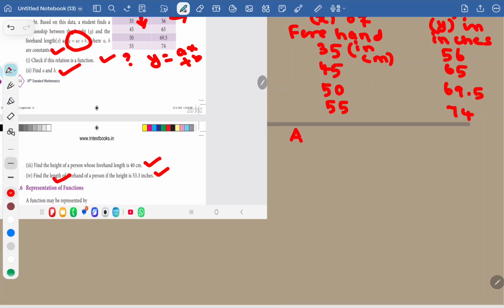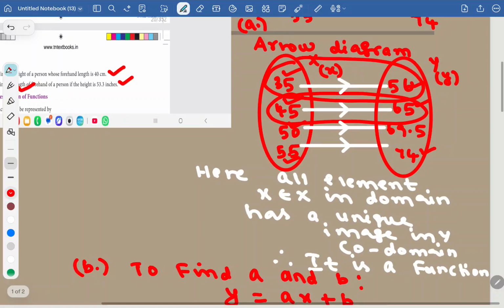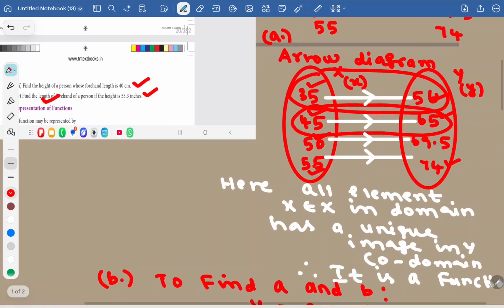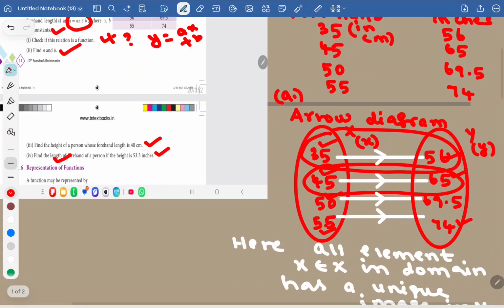First of all, I am going to check whether this relation is a function with the help of an arrow diagram.